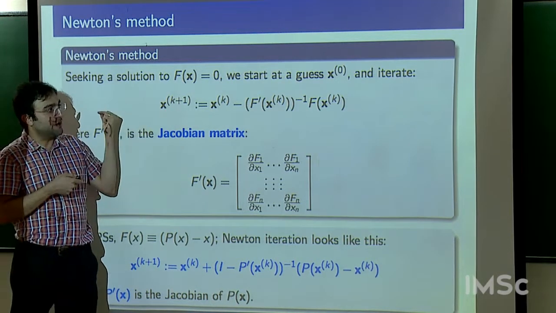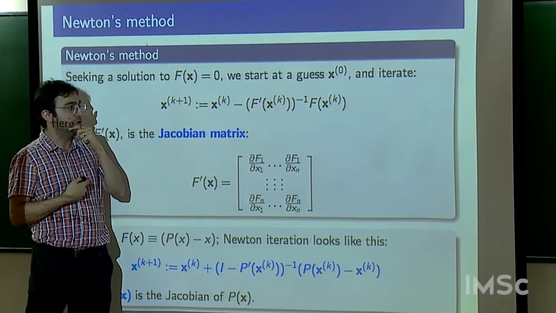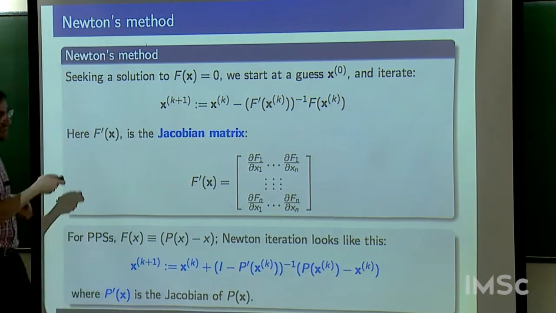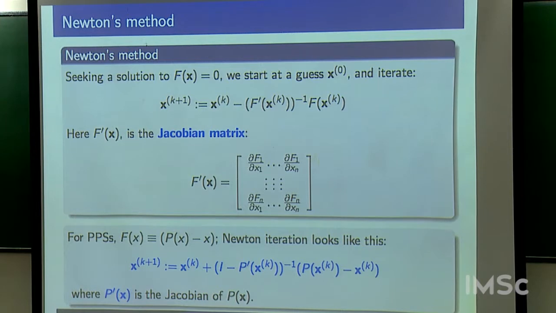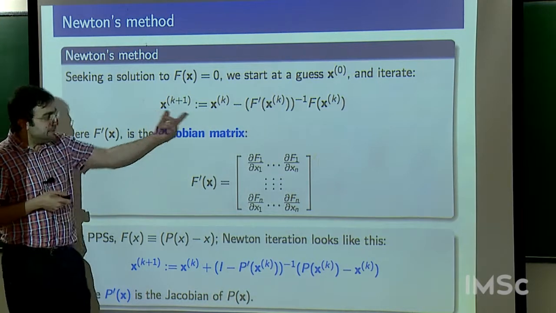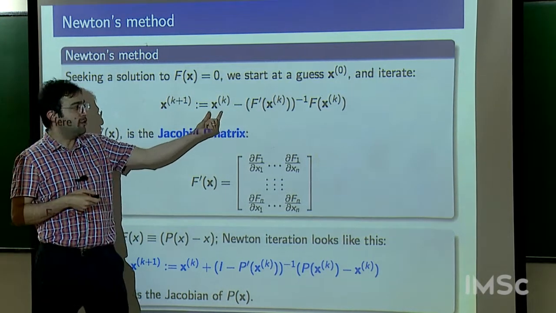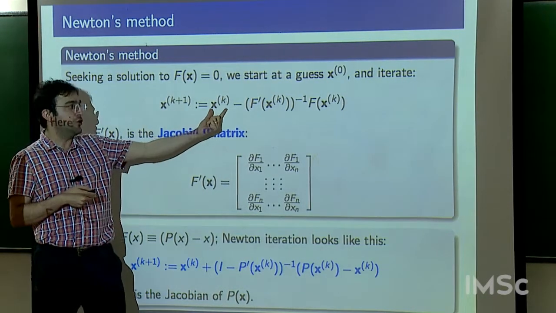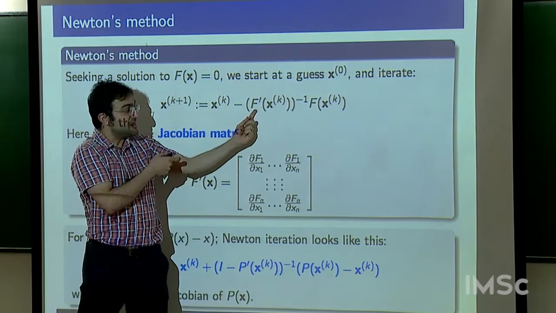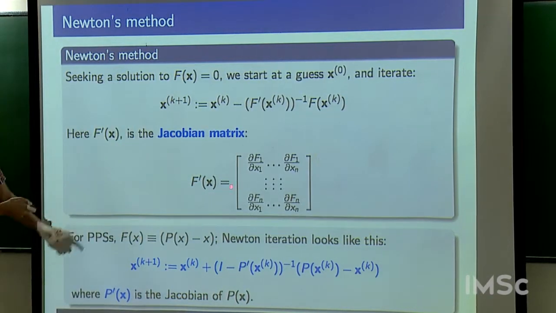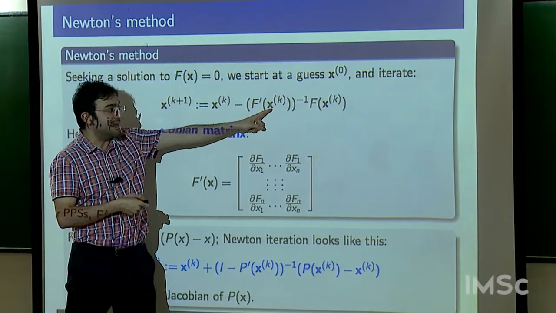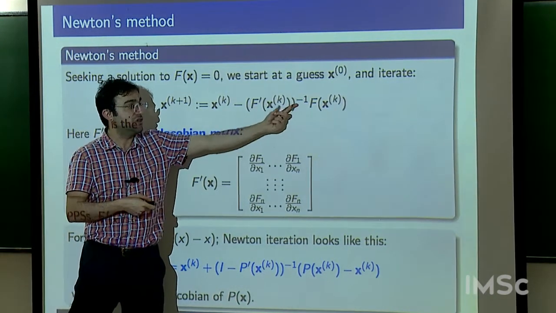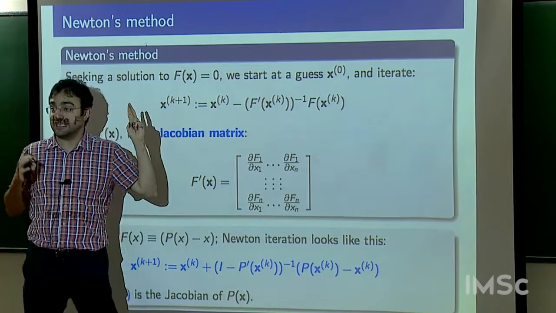Now this is the multivariate Newton's method. Some of you may be familiar with the univariate case, but it naturally generalizes to the multivariate setting, and it's basically this iteration. If we have the kth iterate and we want to obtain the (k+1)th iterate from it, we take the old iterate, and this is the Jacobian matrix of partial derivatives evaluated at the previous iterate, then inverted, assuming that inverse exists.